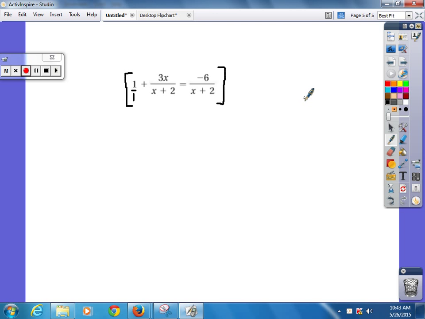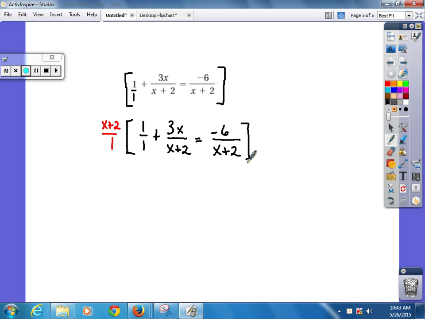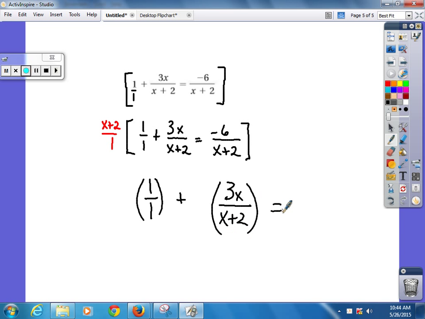So I'm going to multiply by x plus 2 over 1, and 1 over 1. Put a baby step in there.